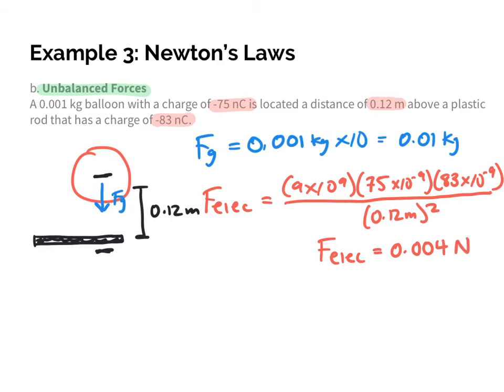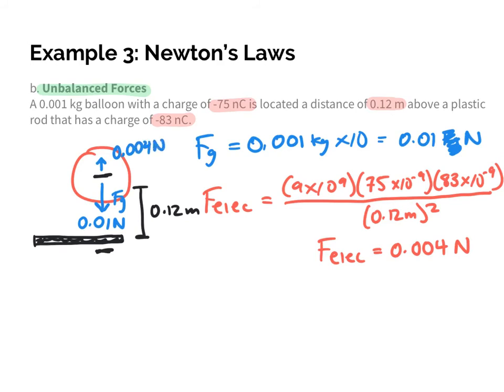So if I know that the force of gravity is 0.01 newtons, and I just recognized that I wrote down the wrong units, that should be newtons. And then I know that the electrostatic force upward, I'm going to draw that arrow to scale, is much smaller at 0.004 newtons.